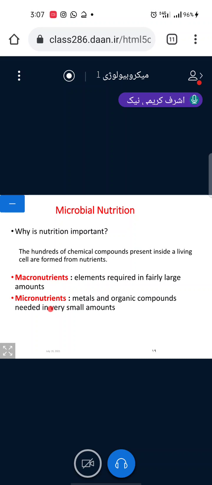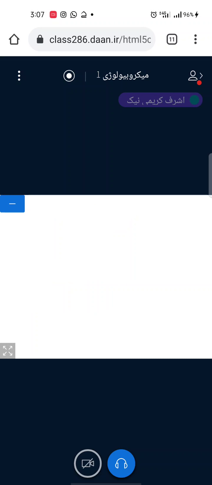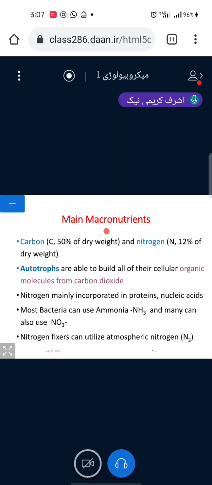Micronutrients are metals and organic materials needed in very small, trace amounts. Main macronutrients: carbon, 50% of dry weight, and nitrogen, 12% of dry weight.